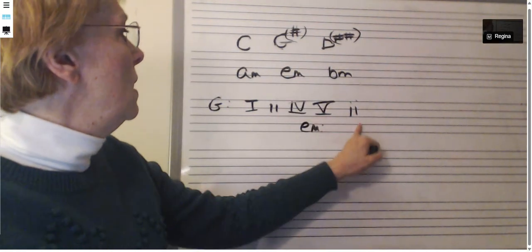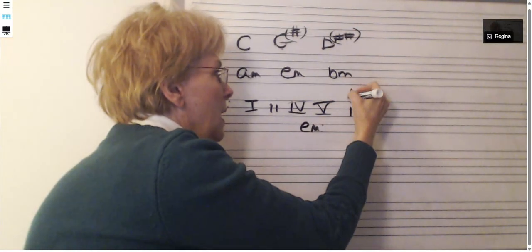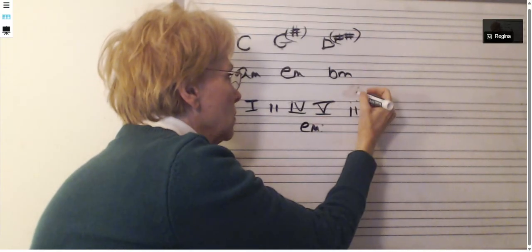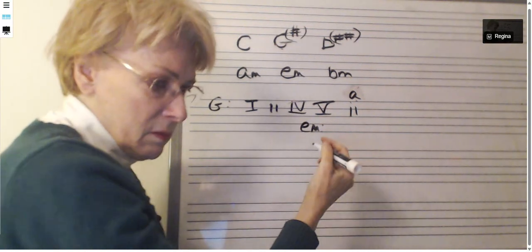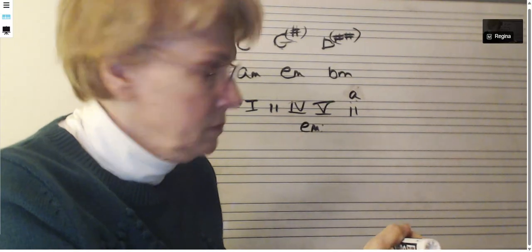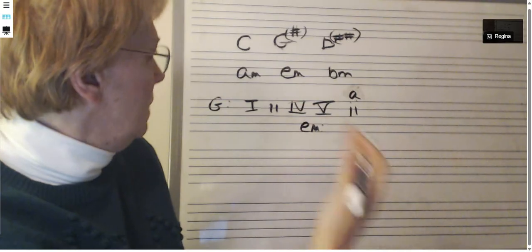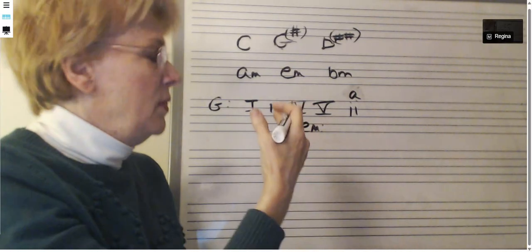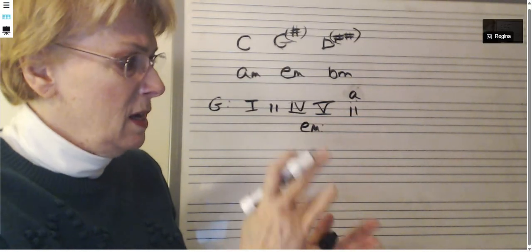So in 2 that would be an A minor chord, and then E minor, that A minor chord, E, F, G, A, is a 4.